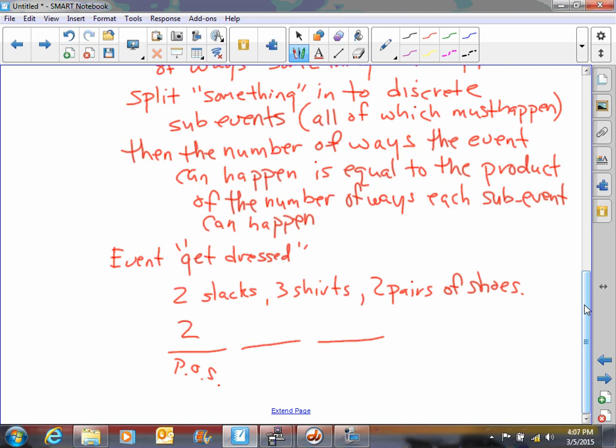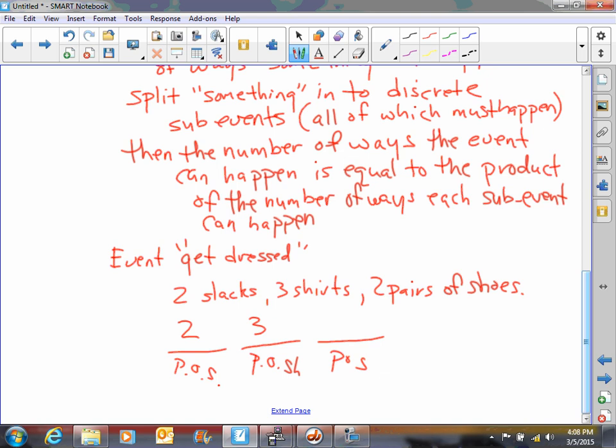Okay, then the second event is going to be put on shirt. Now how many ways can you put on a shirt? Well, since you have 3 shirts, there's 3 ways to put on a shirt. You choose a shirt, put it on. There's 3 different choices.